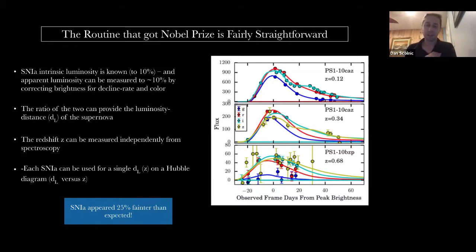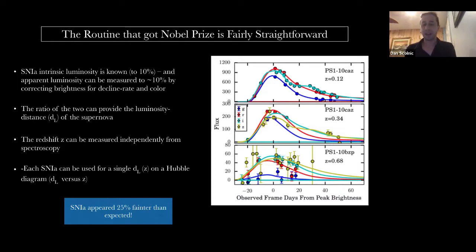But at a top level, basically the 1a intrinsic luminosity is known to 10%, and we try to measure the apparent luminosity by correcting the brightness for how fast it declines, and also the color of the supernovae. On the right are example light curves of Pan-STARRS supernovae at different redshifts in different bands.